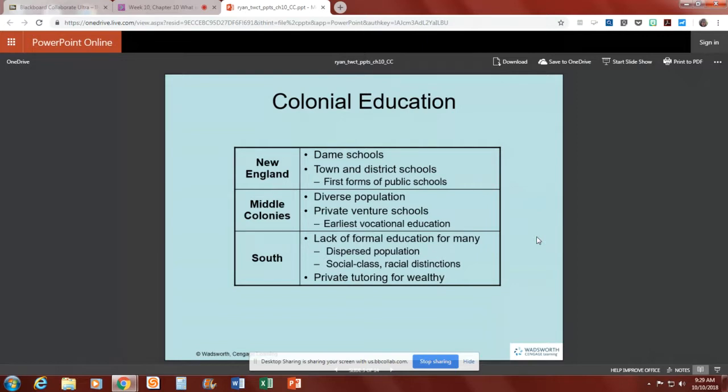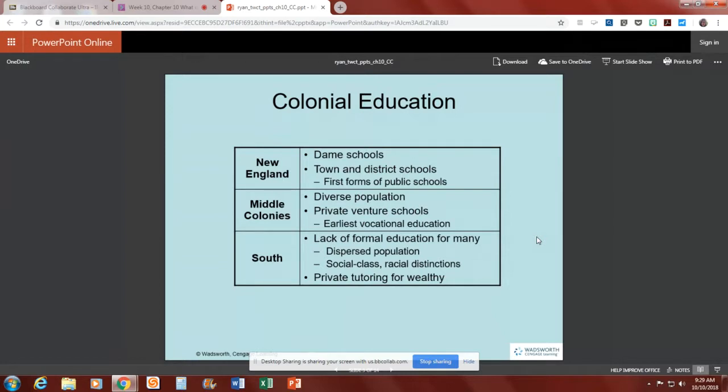If you look at a different geographical area, the Middle Colonies, there tended to be a more diverse population. And also there were some private venture schools, and that was really the earliest form of a vocational education.